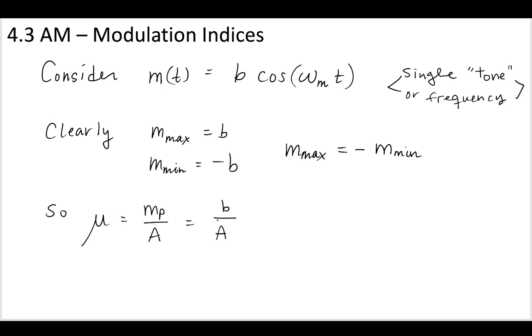our selection of A. To do this, we'll choose our modulation index such that the maximum value divided by our A is equal to the index.